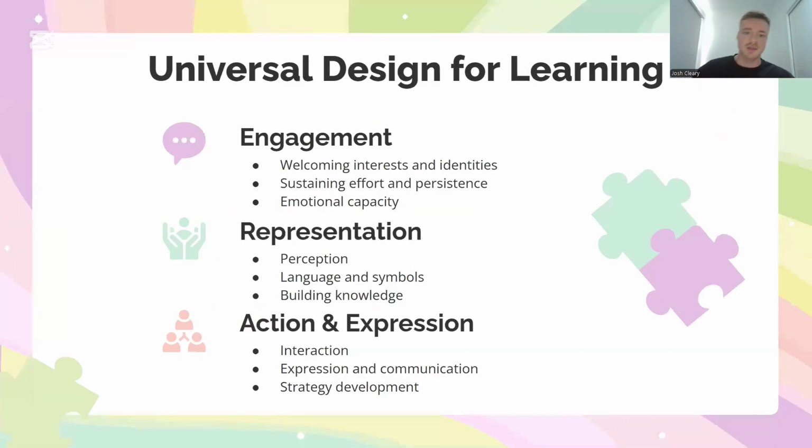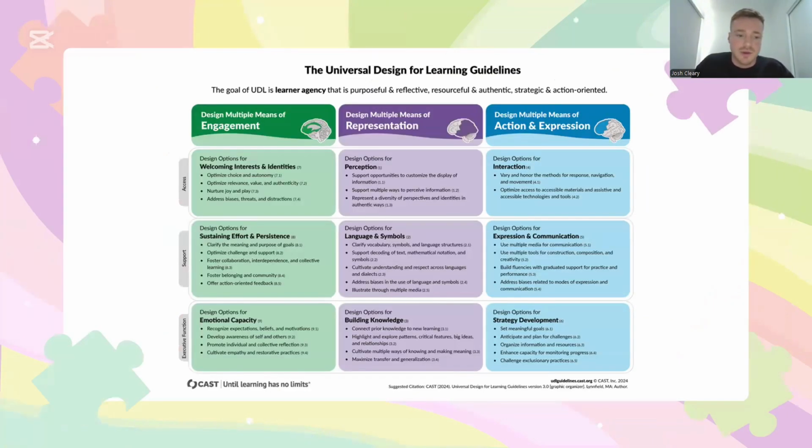The three pillars under the Universal Design for Learning are engagement, representation, and action and expression. And there's a bit of a visual cue for you to have a look at for now, but we will pass on to Alannah. She will set up the classroom context and speak about what our classroom looks like. And then from there, I'll give some specific examples on what the UDL framework looks like in our classroom example.